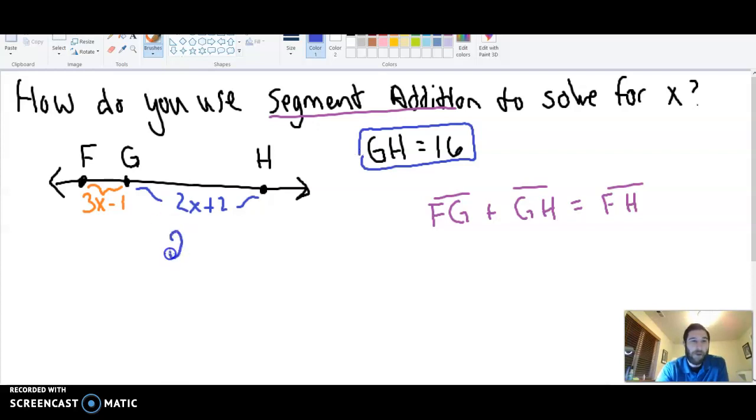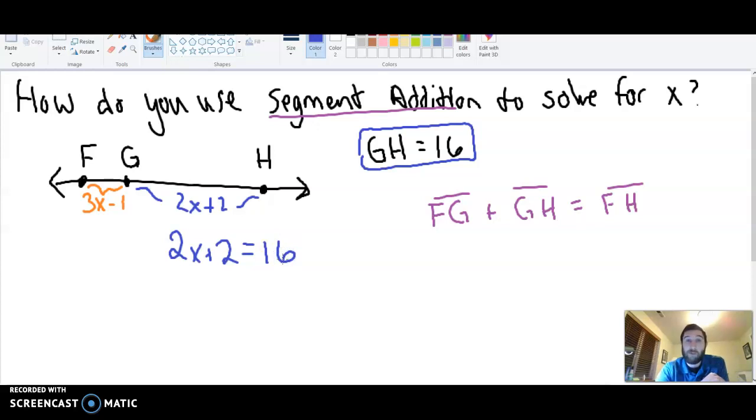Well, we know that 2x plus 2 then, which is the distance of GH, is also, now notice how I'm speaking here, is also. Anytime I use the word is, that means equals. So 2x plus 2 is GH, and that is 16.